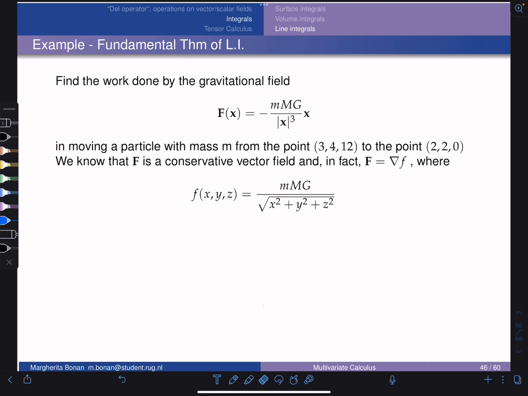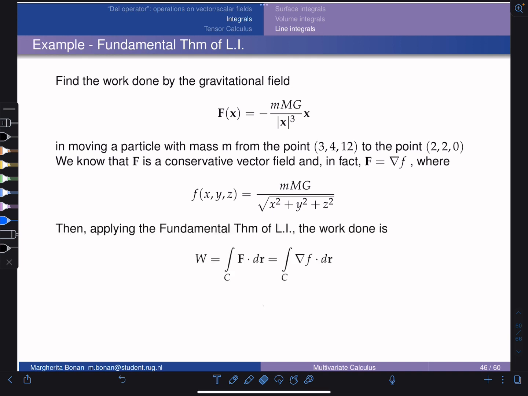Of course, we already are given this formula, or we can compute it, but then we can apply the fundamental theorem of line integrals. So the work done on the particle is the line integral on the curve C of F, that is equal to the line integral, of course, of the gradient of little f, since we saw before that big F is conservative.